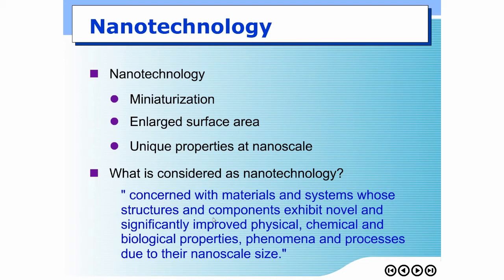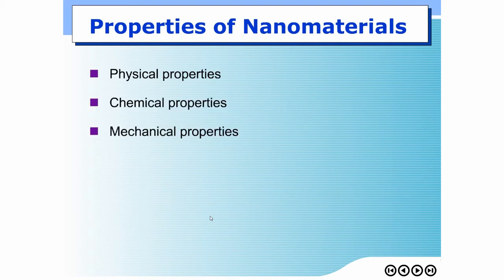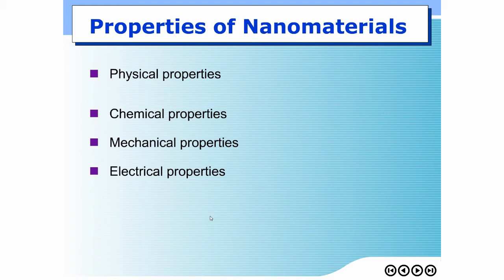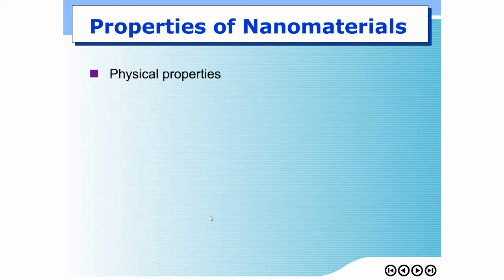The way we design it is considered technology. When we use that for particles or materials with nano size features, that would be considered nanotechnology. So we are going to describe properties of materials in 4 ways: physical properties, chemical properties, mechanical properties, and electrical properties. All right, let's start with the first one.